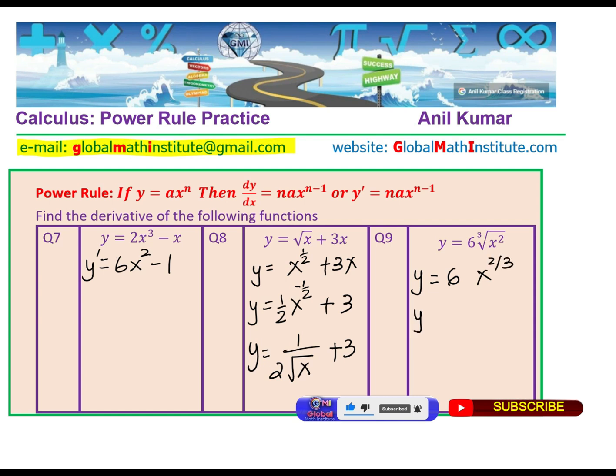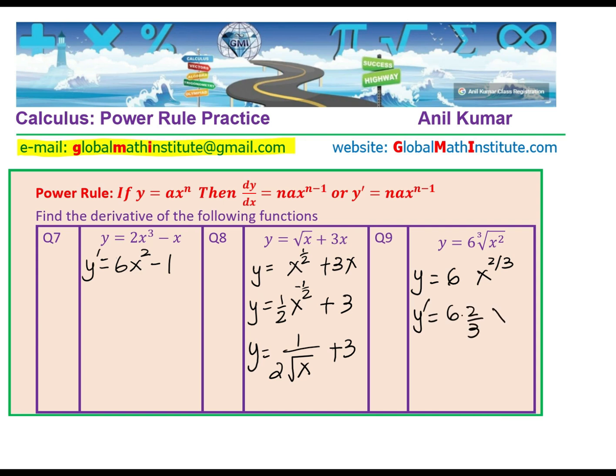And now the derivative will be 6 times 2 over 3 x to the power of 2 over 3 minus 1, which will give you 12 divided by 3, or you can say 4, right? x to the power of minus 1 over 3, or we can write this as 4 over cube root of x. Is that okay? So in the radical form, we could write it like this.